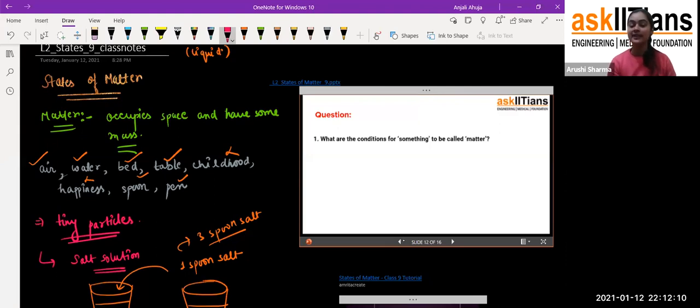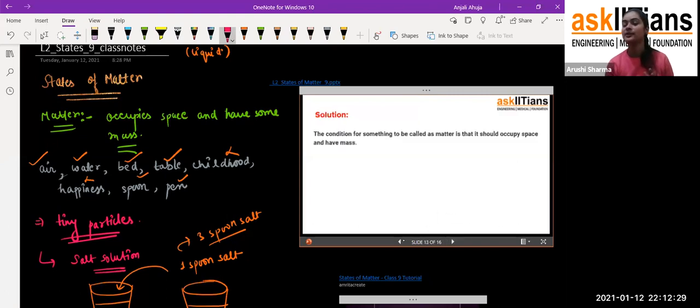So exactly, students, matter is something which occupies space and should have some mass. So the condition to call something matter is that it should occupy some space and have some mass. Fine.